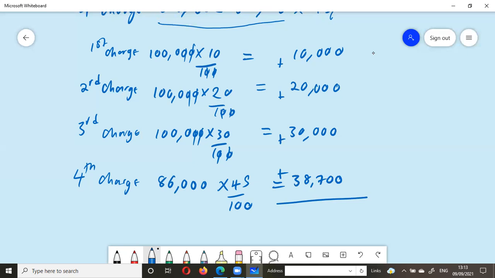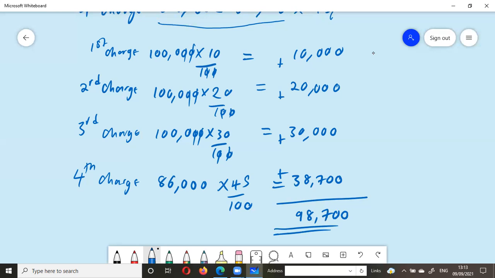This one is 30,000, that is 60, that is 98,700. So this is what the government takes from him.